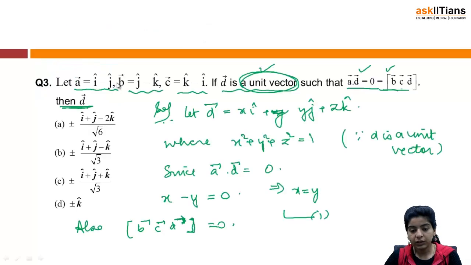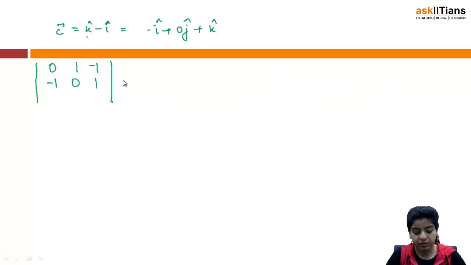Then the components of D, D is xi plus yj plus zk. So, we have x, y, z. So, we have the determinant 0, 1, minus 1, minus 1, 0, 1, x, y, z is equal to 0. Just expand this determinant again.